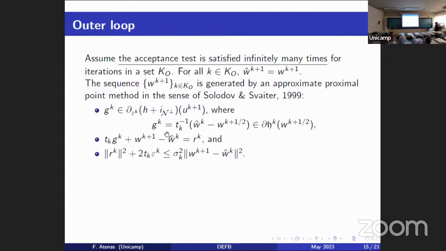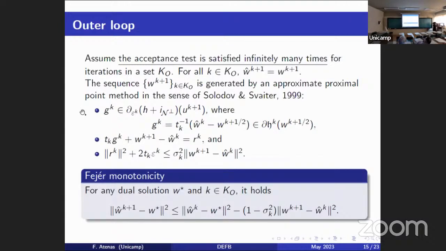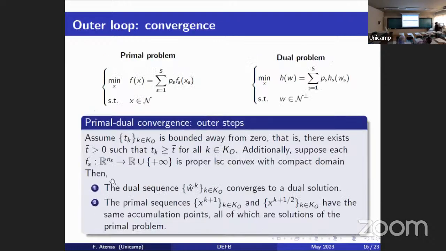And the reason for this convergence is that the centers are Fejér monotone, similarly to the reverse engineering algorithm. For these outer steps, we are either keeping the distance to the solution set or getting closer, and this allows us to obtain convergence.